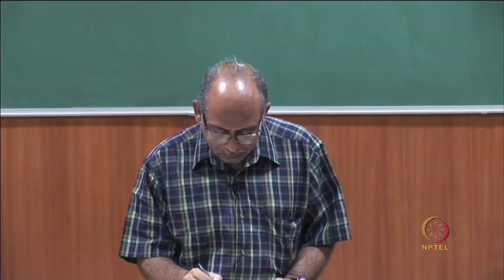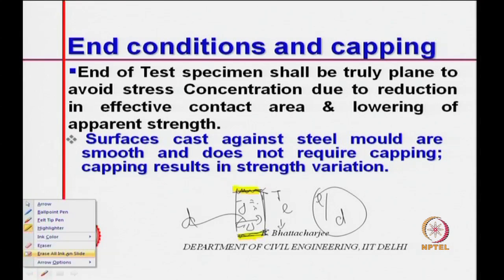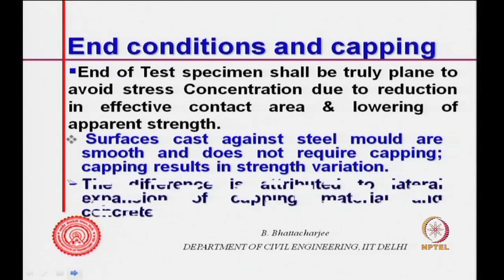That means, put some material and do capping. If you do this kind of capping, you will see that it results in variation in the strength. So, end capping results in strength variation. Now, this variation or difference that we get is attributed to the lateral expansion of the capping material and concrete.